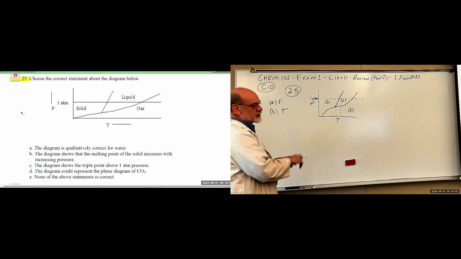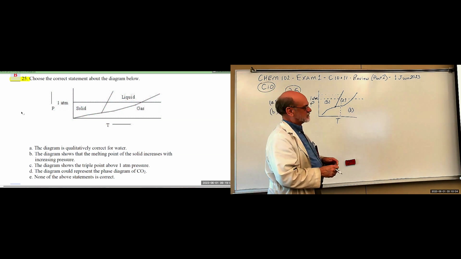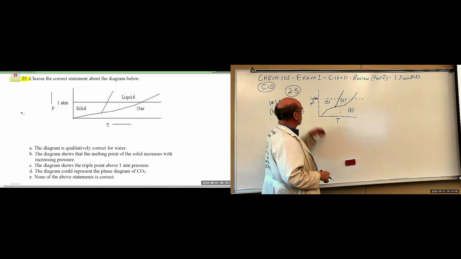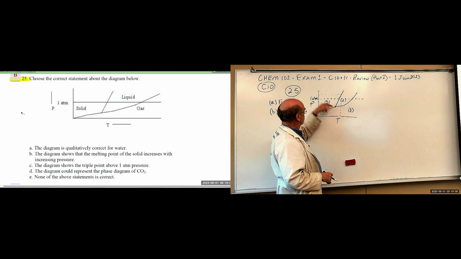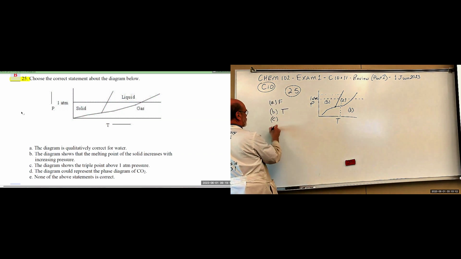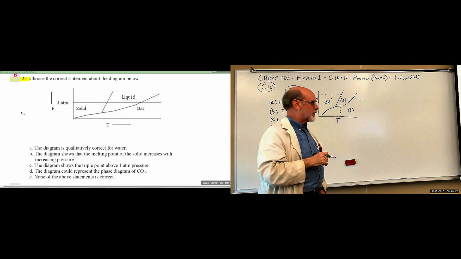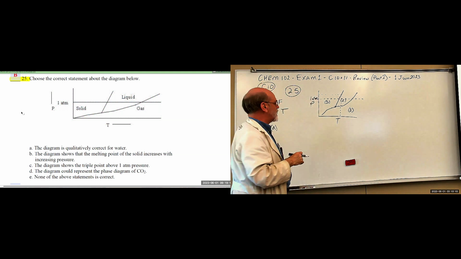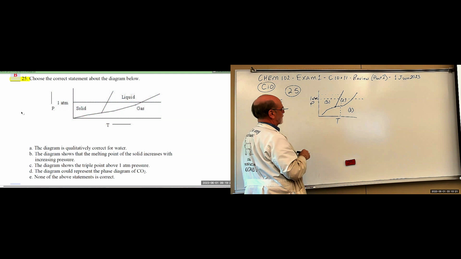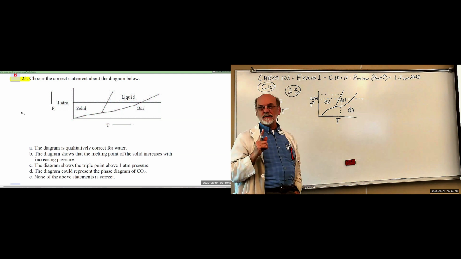We could go through the others. The triple point, right, shows above 1 atmosphere. No, triple point's down here. 1 atmosphere is up there. So C is false also. I guess I might as well go through all of them. The diagram could represent the phase diagram of carbon dioxide. Okay, what happens at 1 atmosphere pressure for carbon dioxide?